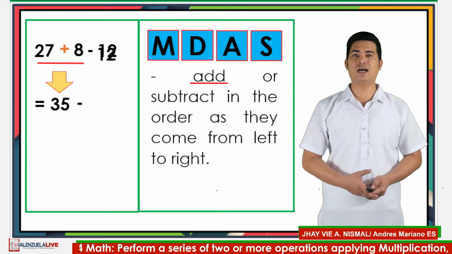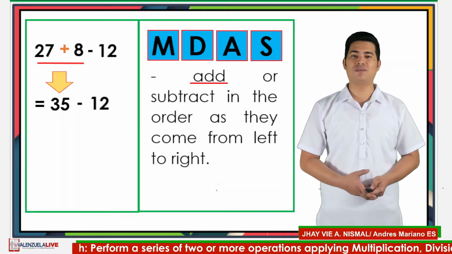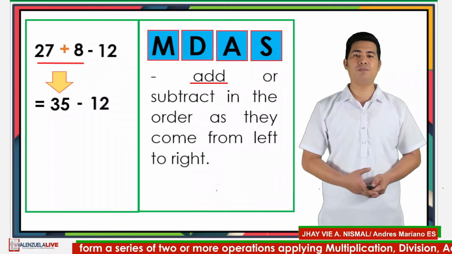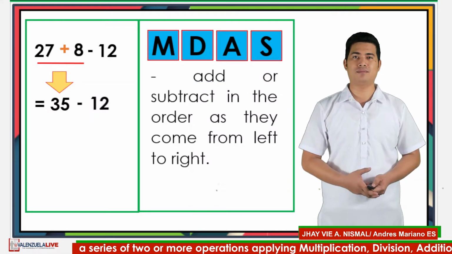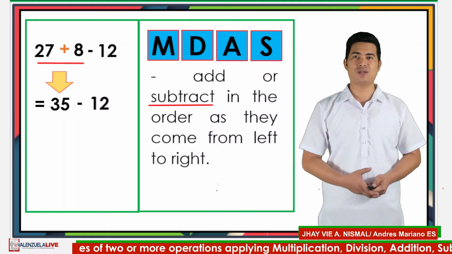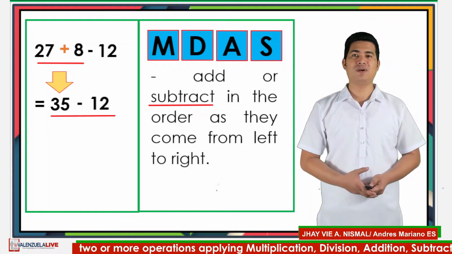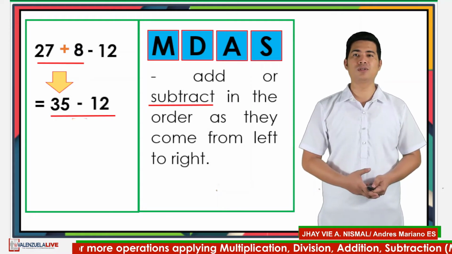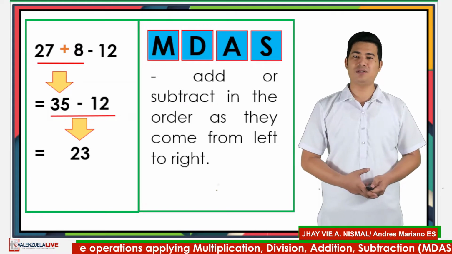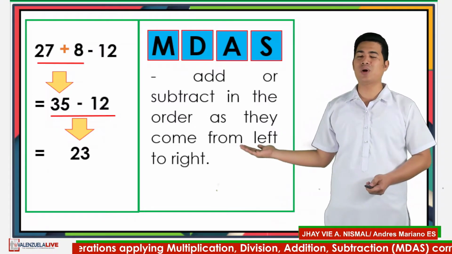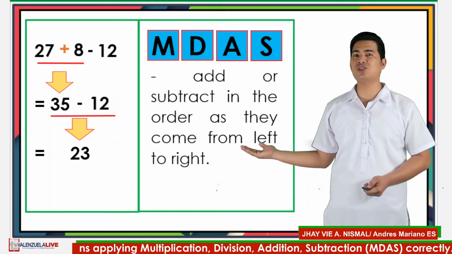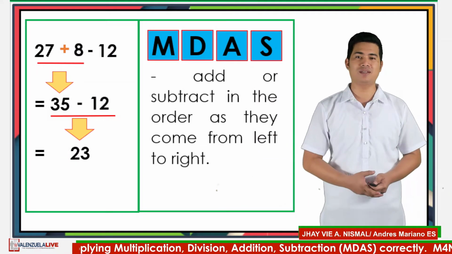Then, bring down minus 12. Next, proceed to the remaining operation, which is subtraction. Let's subtract. 35 minus 12 is equal to 23. Therefore, 27 plus 8 minus 12 is equal to 23.